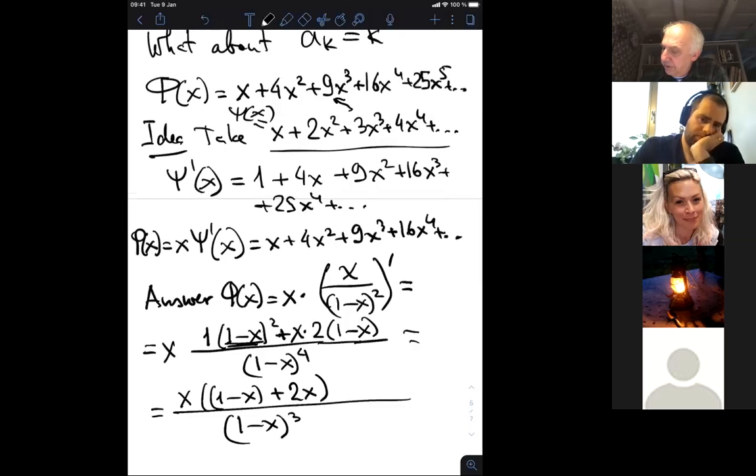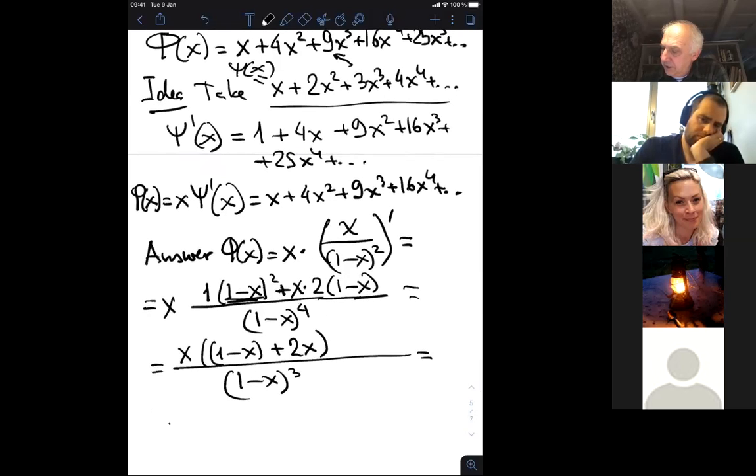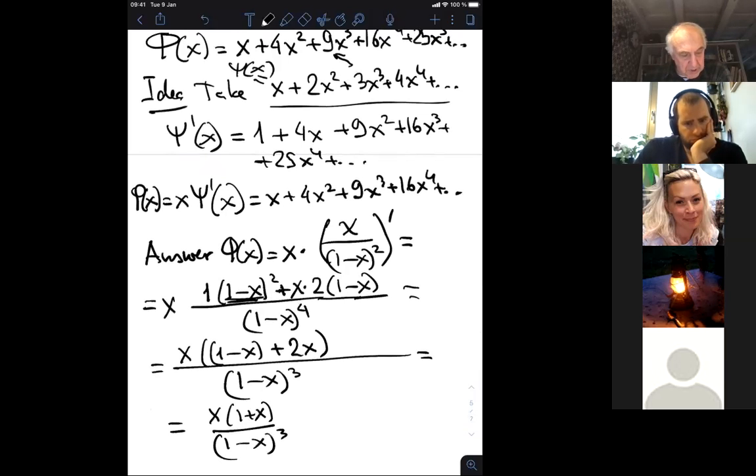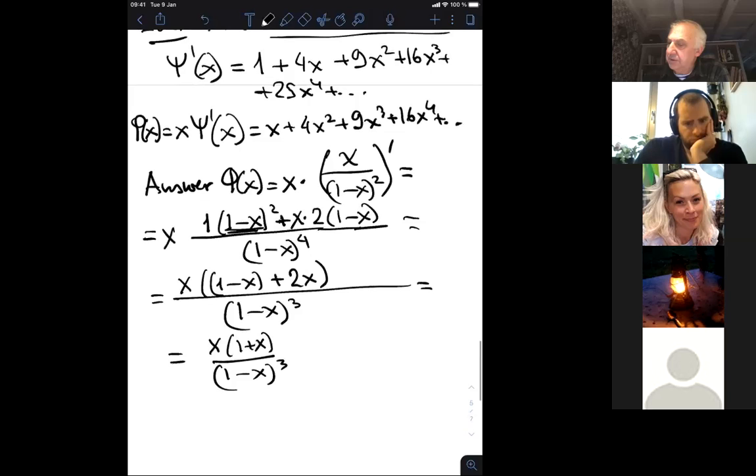I hope I haven't made any serious mistakes so far. So my answer was x times (1 plus x) divided by (1 minus x) cubed. And that's exactly what I have in my notes. You'll get my notes later.